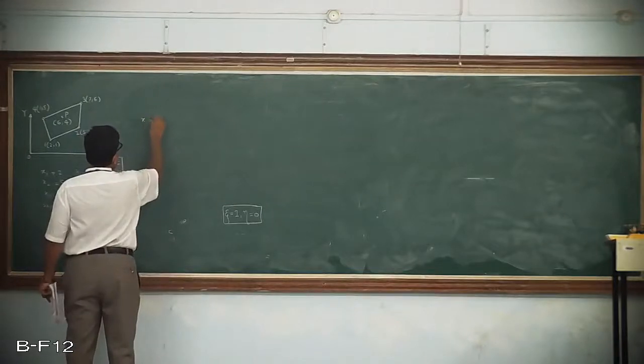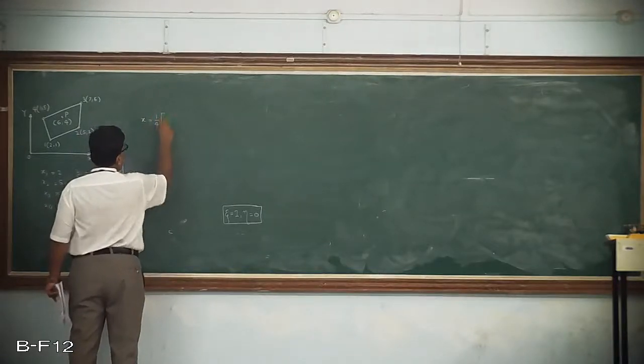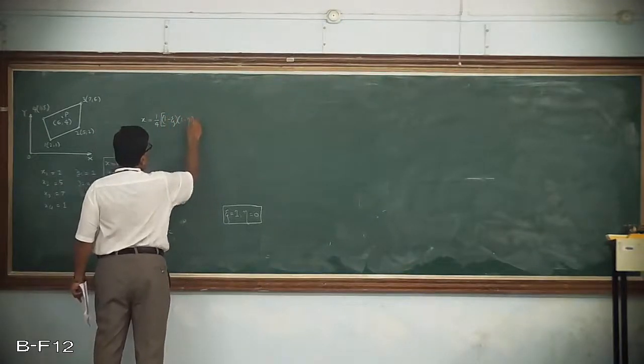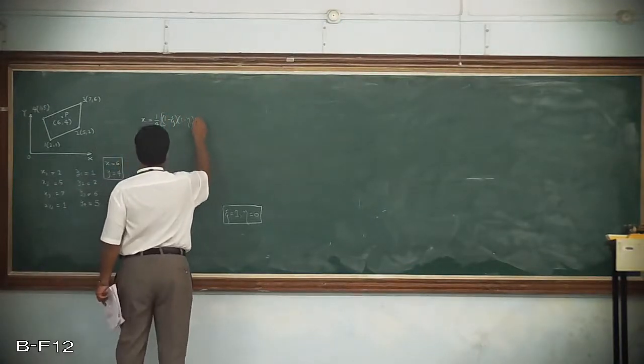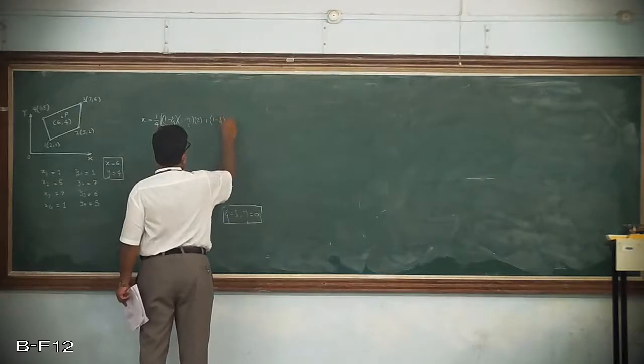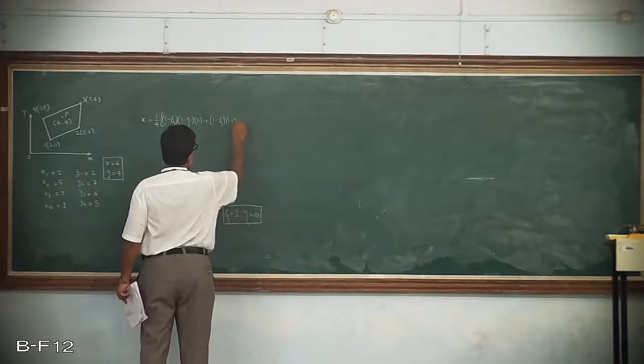X equal to what? 1 by 4, 1 minus zeta, 1 minus eta, x1 that is 2, plus 1 minus zeta, 1 plus eta.